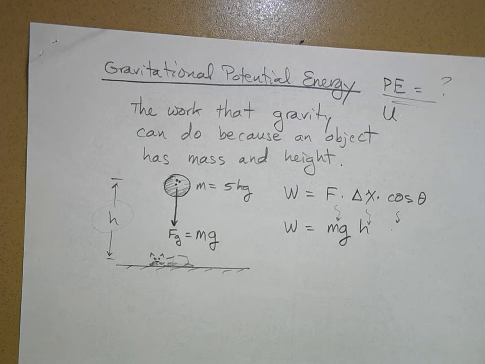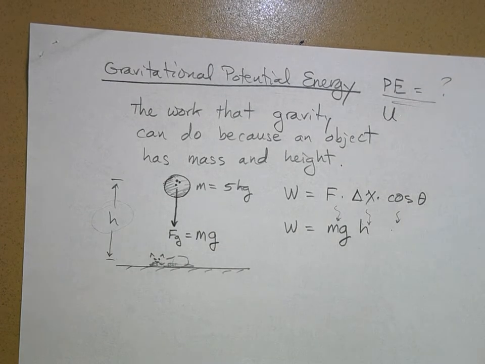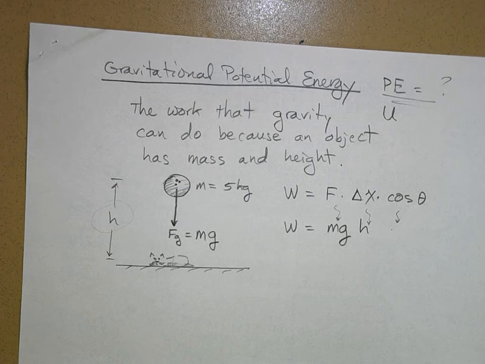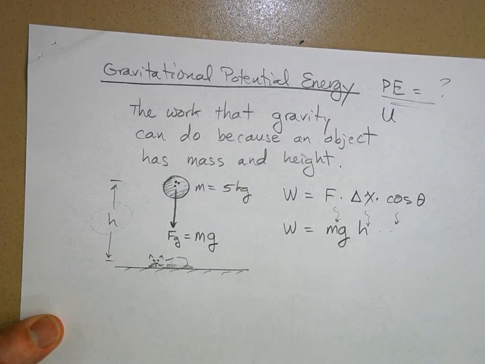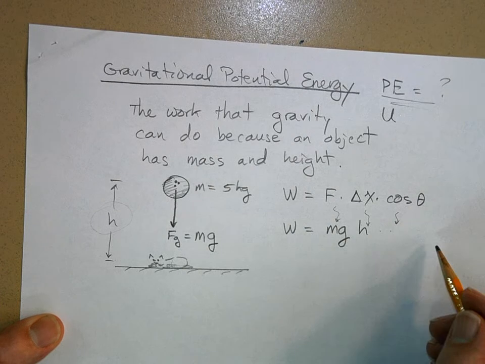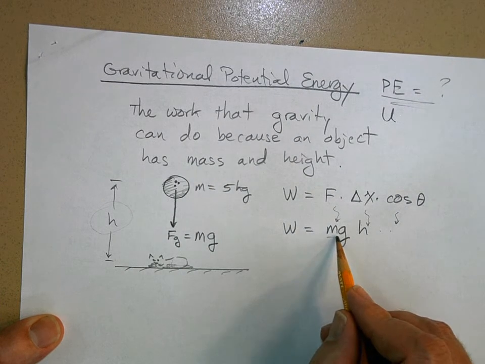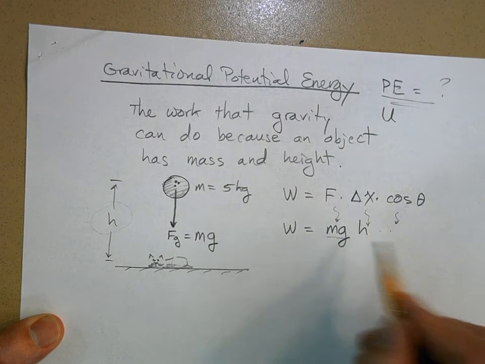What is the angle between down and down? Yeah, 0 degrees. And what is the cosine of 0 degrees? 1. So this is just 1 times 1. So this is the work that gravity can do because something has mass, it's in a gravity field, and it has height.